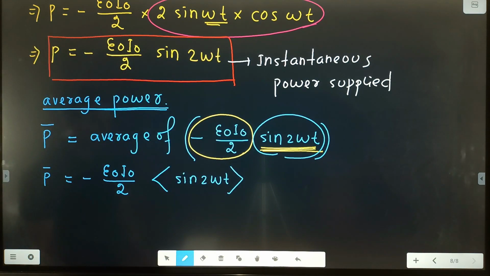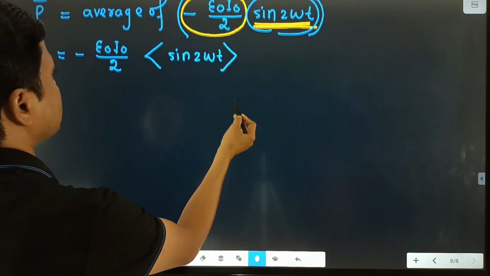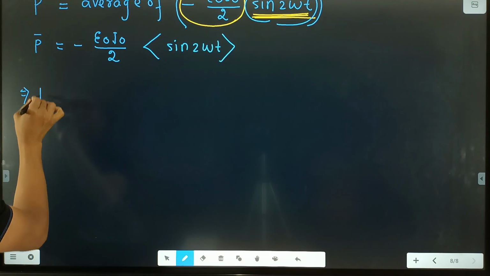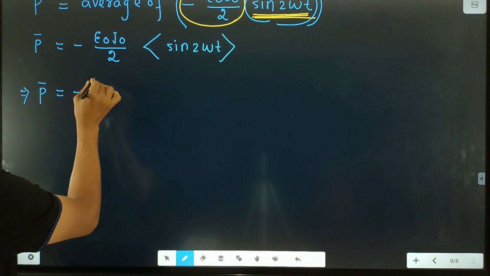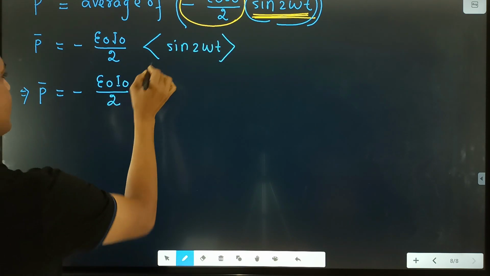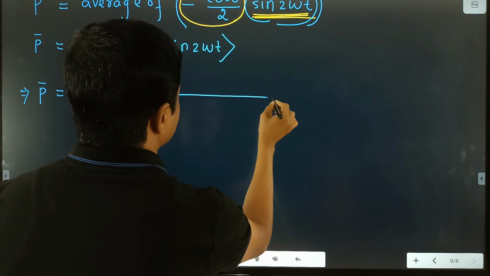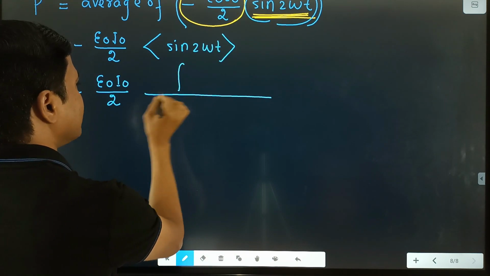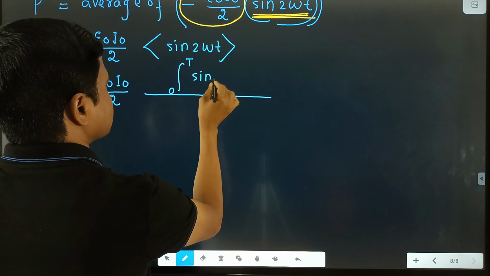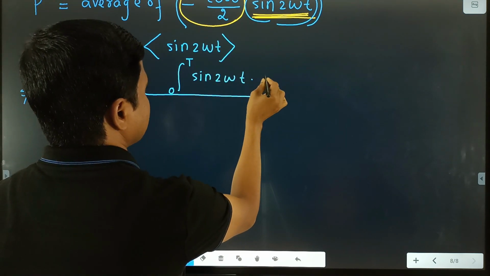This is the symbol of average. That implies average power supplied is equal to minus of E0 I0 divided by 2 into the average value. Average value means the sum from time 0 to t of all the sine 2 omega t.